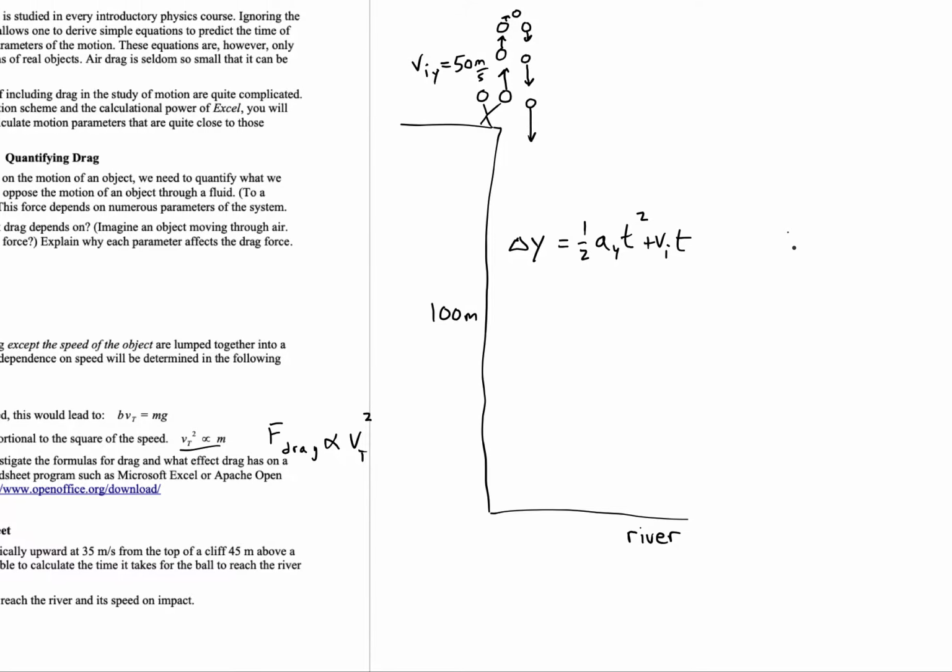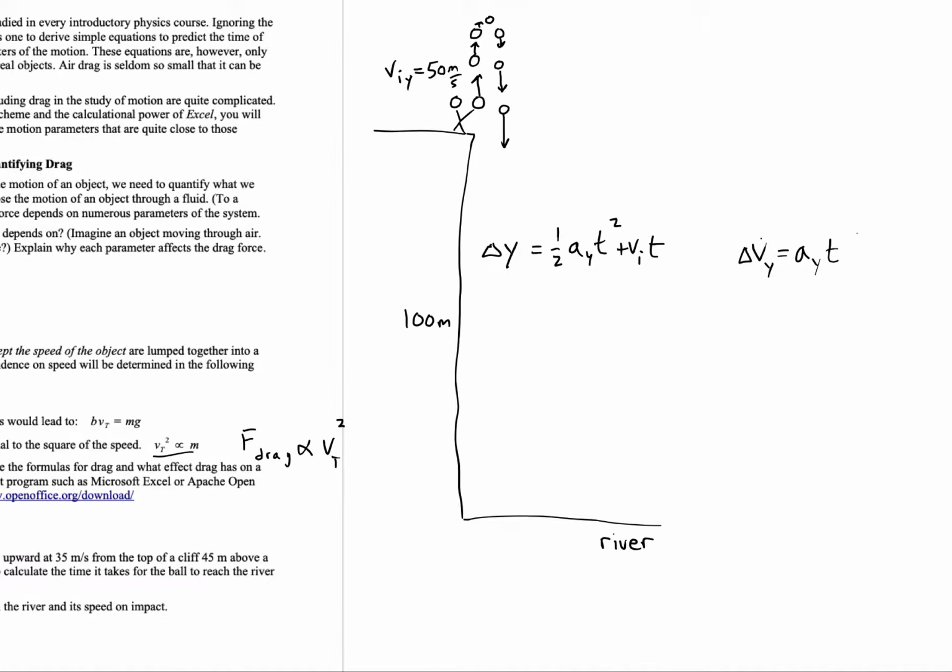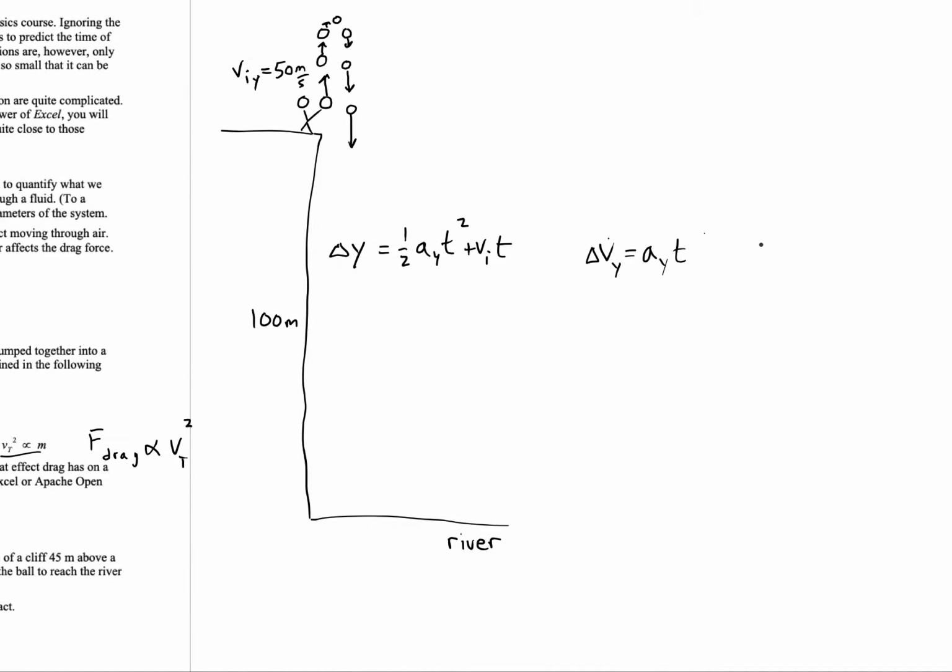In this circumstance, some people would prefer to use delta V equals AT. Or they may wish to use even VIY squared plus 2A delta y equals VFY squared.